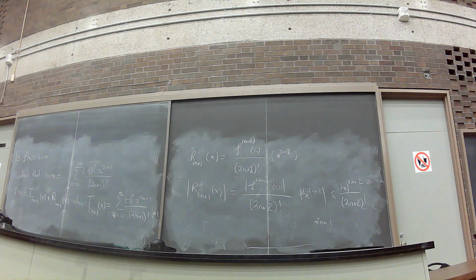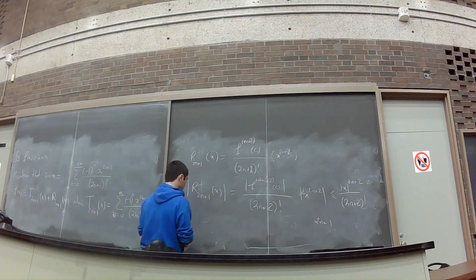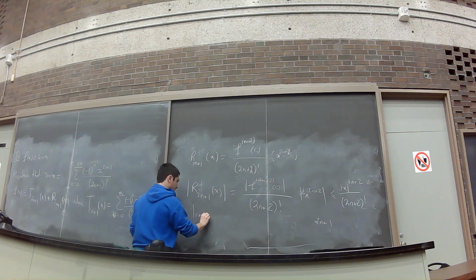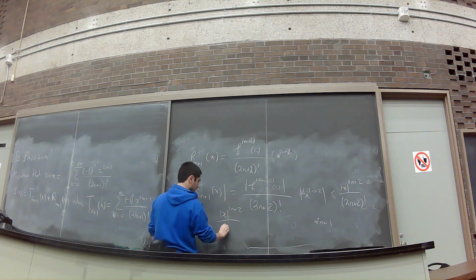Do you see that? Why is the limit of x to the 2n plus 2 over 2n plus 2 factorial equal to 0 as n goes to infinity? Is it obvious or not? It's not obvious. I'll let you know why in 2 seconds.